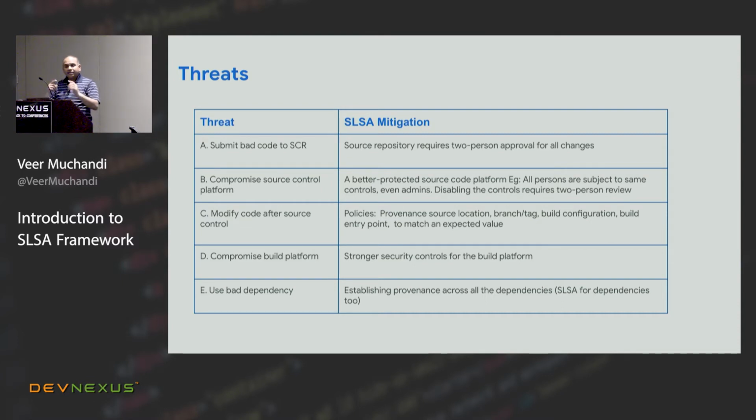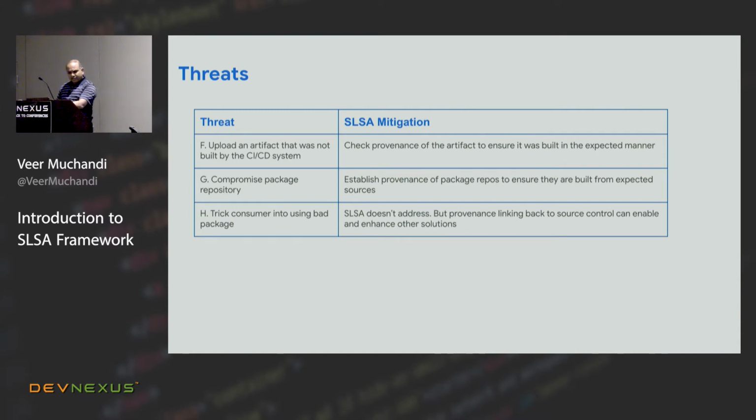These are the kinds of suggestions for each of the threats, on how much security you want at different levels. Based on that, the SLSA framework will give you recommendations on what you can do. Okay? So these are threats and mitigations, and I'll share this presentation with you. You can go through that in detail, or the SLSA website also has these threats and mitigations.